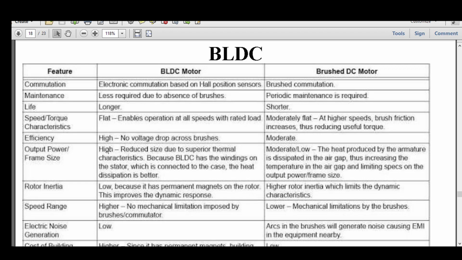Life expectancy of BLDC is much longer than that of brush DC motor. Speed torque characteristics: BLDC offers flat characteristics, which enables operation at all speeds with rated load. But in the case of brush DC motor, if we increase the load, it is more or less flat, but speed regulation occurs.